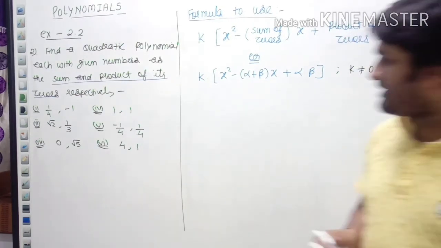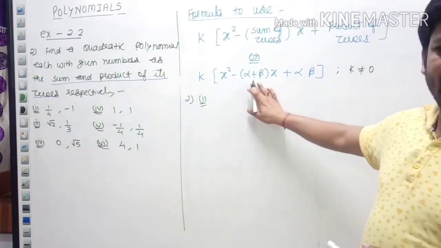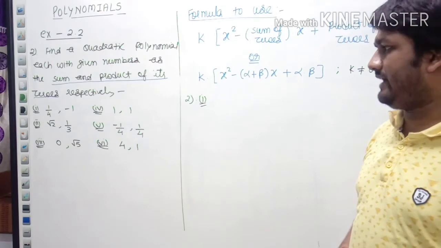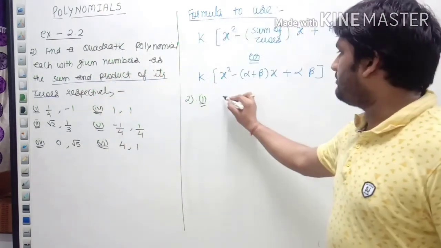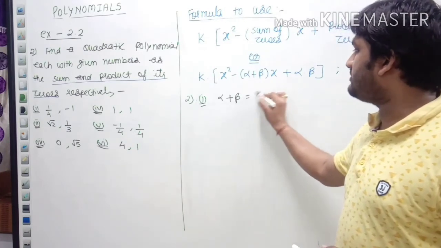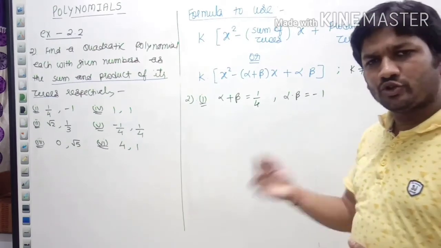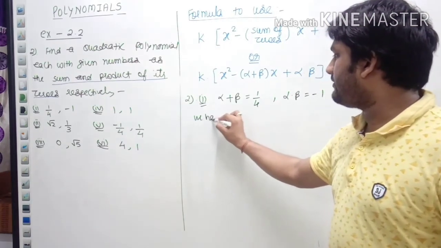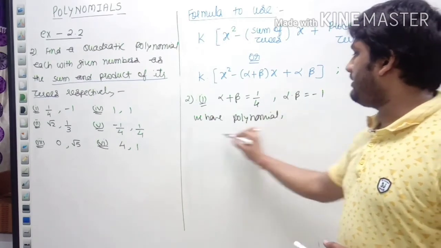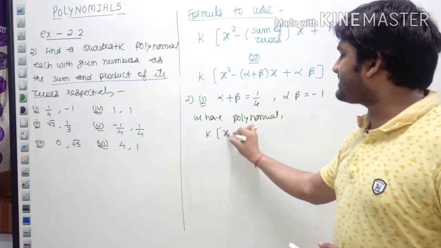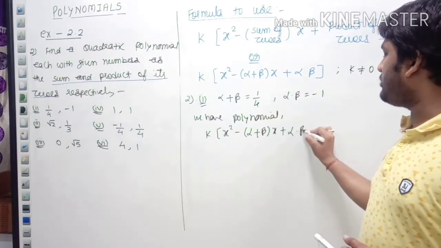So let's start the first question. I will be using this second formula. In this question, the sum of zeros is given first and the product of zeros second. So the polynomial is k into x square minus alpha plus beta into x plus alpha into beta.